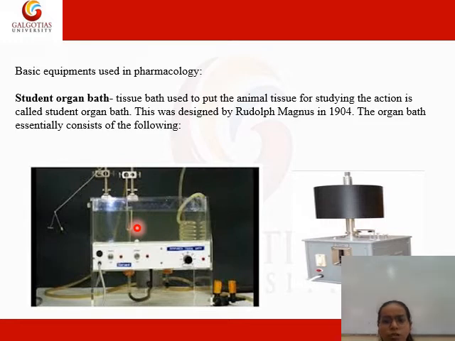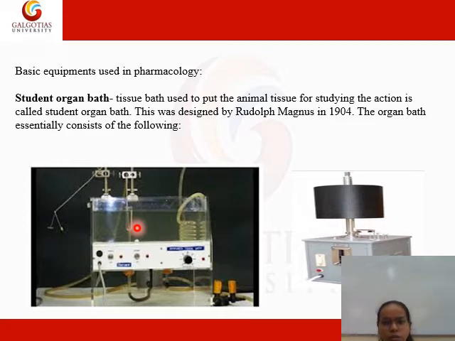The glass coil is usually double the capacity of the inner organ bath to ensure warming of the solution before it enters the organ bath.